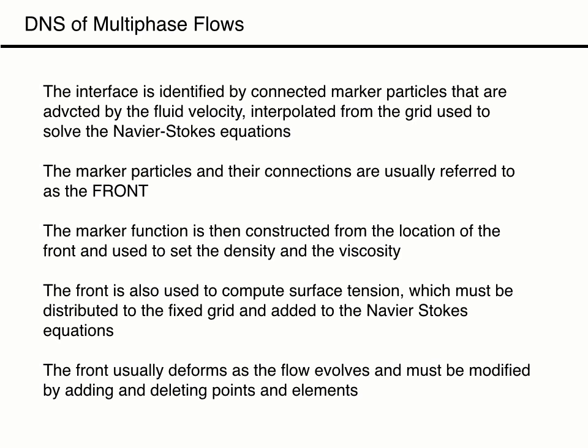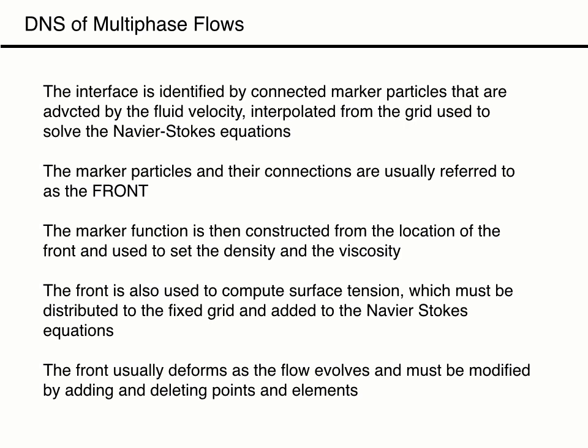The marker particles are advected by the fluid velocity, interpolated from the grid used to solve the Navier-Stokes equations. The marker function is then constructed from the location of the front and used to set the density and the viscosity. The front is also used to compute the surface tension, which must be distributed to the fixed grid and added to the Navier-Stokes equations.